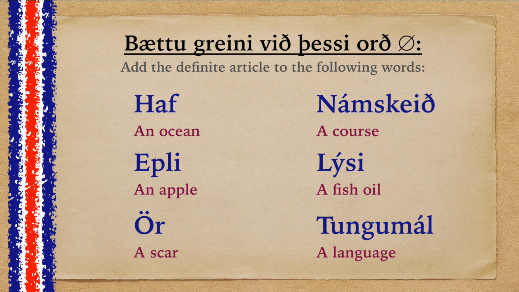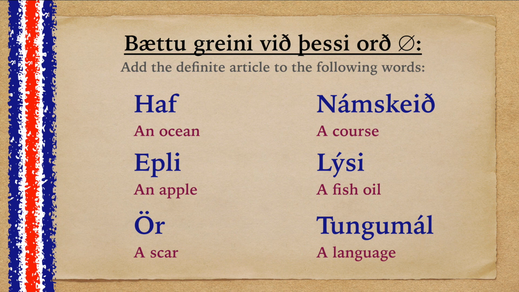And if you're paying really close attention, you might notice that we have the same word here as in the female version, where we had ör, and now we also have ör, but the meaning is different. Now it means a scar, and before it meant an arrow, and the grammar is different, including the greinir. So now let's just get on with it.